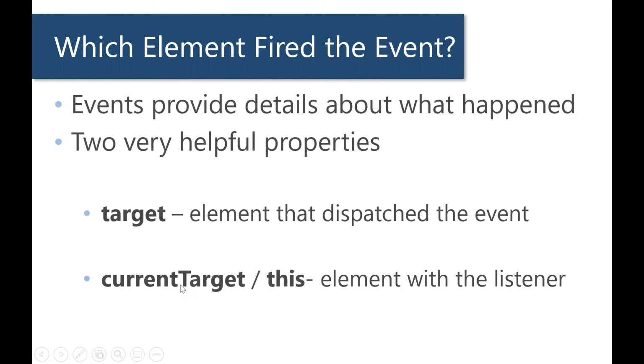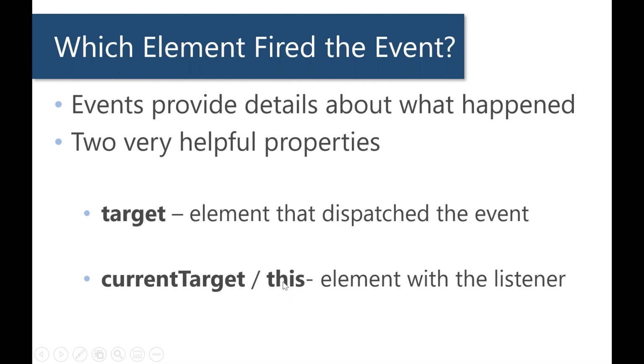currentTarget is basically the listener that I'm currently at. So what that means is, as my event bubbles up the DOM, the target is going to remain constant. It's always going to be the same. But the currentTarget is going to change with each parent as it makes its way all the way up to the top. And it also turns out that there is a nice little convenient shorthand for you.